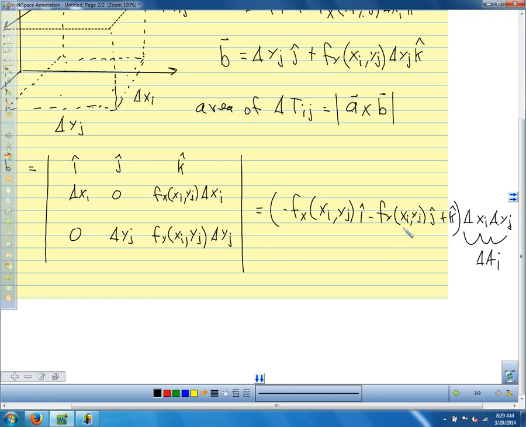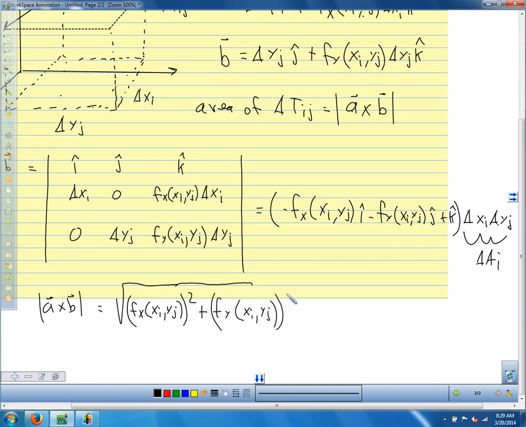We take the magnitude of this cross product, the magnitude of A cross B. When we take the magnitude, we end up with the square root of the partial with respect to x at our point squared, and hopefully this expression looks somewhat familiar, plus the partial with respect to y at our point, and we're going to square that, plus 1, times delta A sub ij.